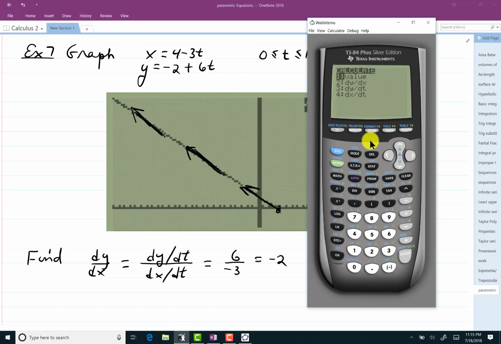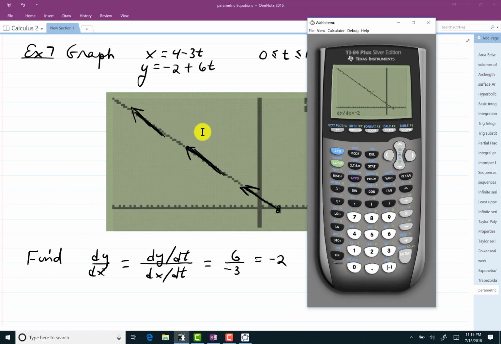Hit number 2 for dy over dx, and it will let you specify wherever it is you want to go to. So I'll pick any indiscriminate spot here, t equals 3.9. I really don't care. But when I hit enter, it gives me the slope, negative 2. So this is a way of checking yourself.